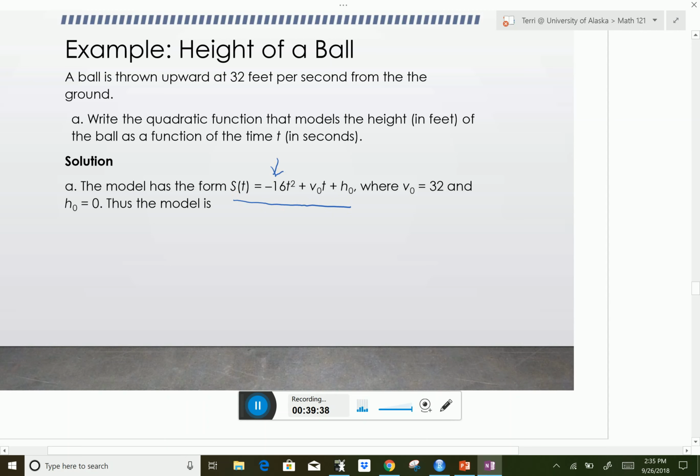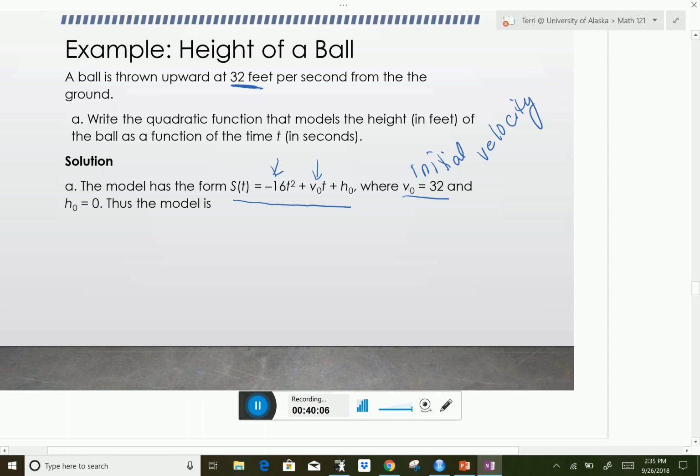So -16, that's feet per second squared. That is actually the force due to gravity, and that is always in there. That's the gravitational constant. And then v sub 0 is our initial velocity. So if we throw it upward at 32 feet per second, then our initial velocity is 32.